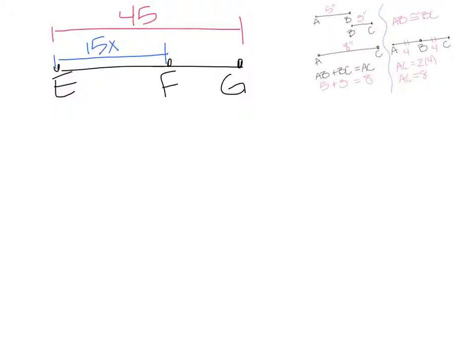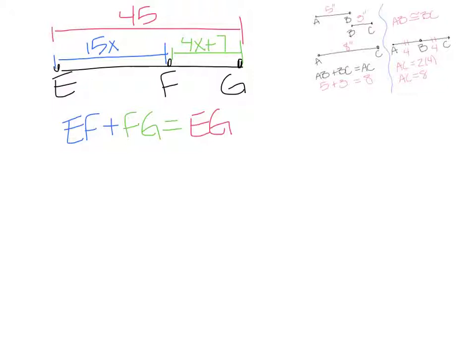And we know that FG is 4x plus 7. So what we know is that EF plus FG equals EG.